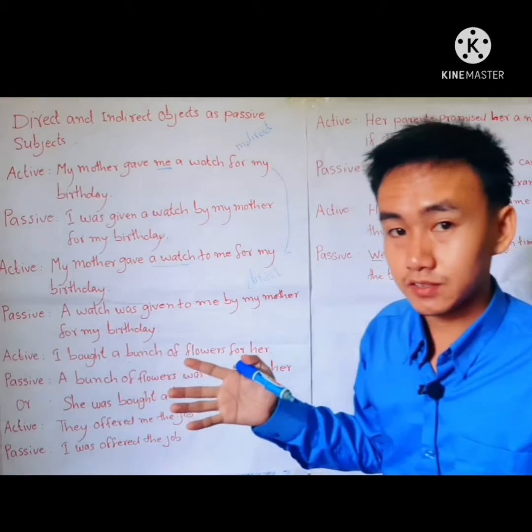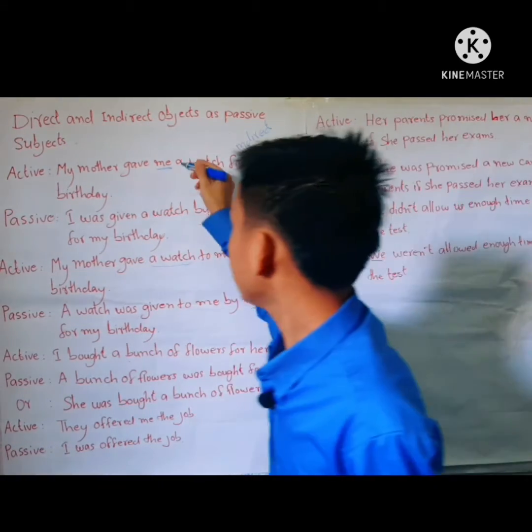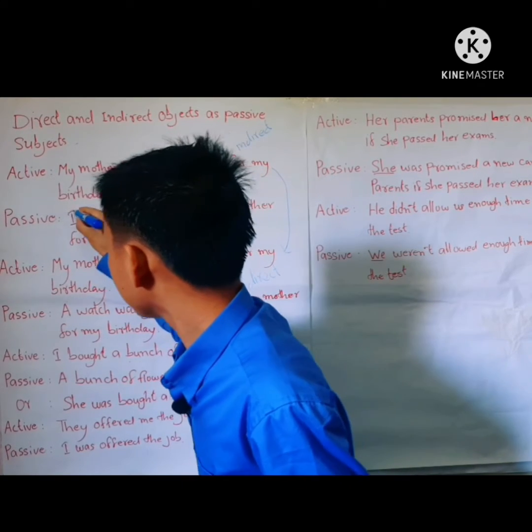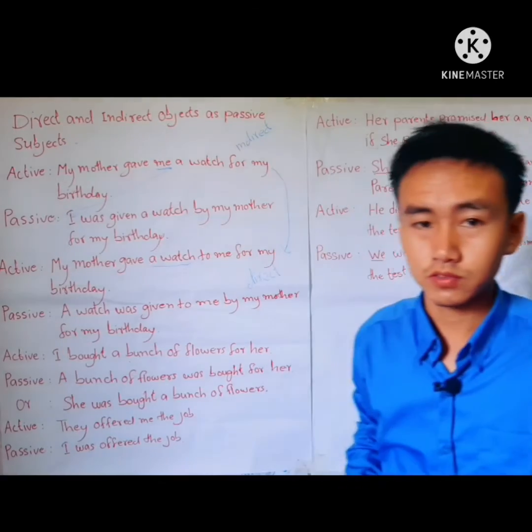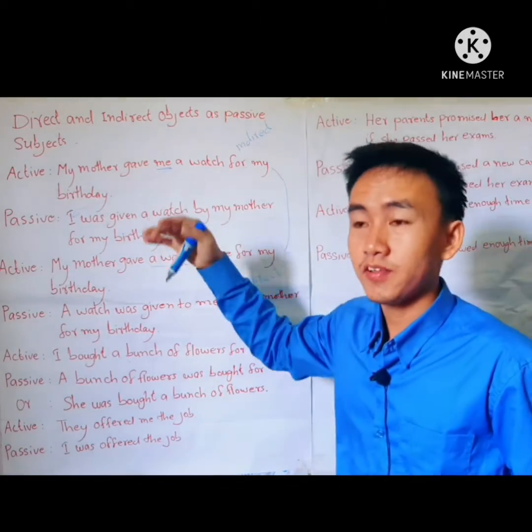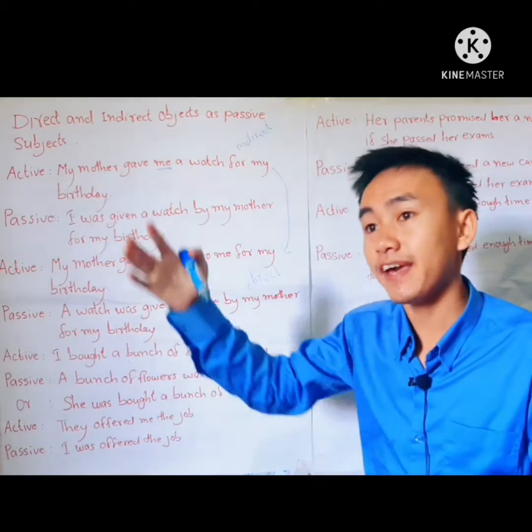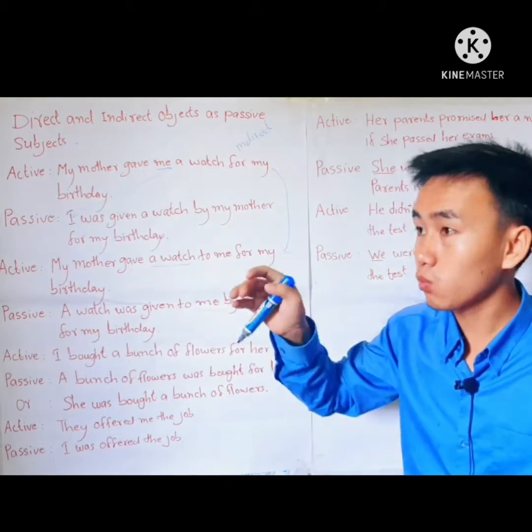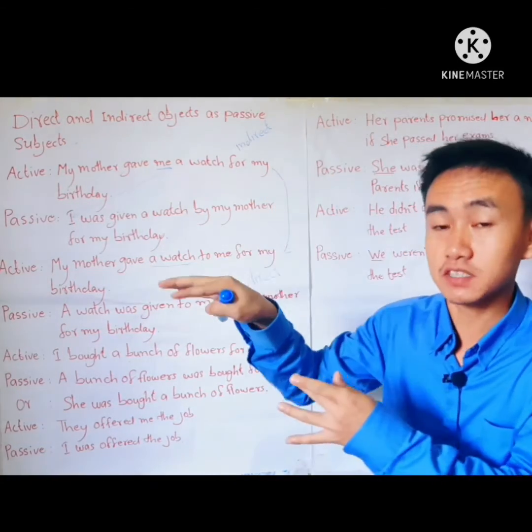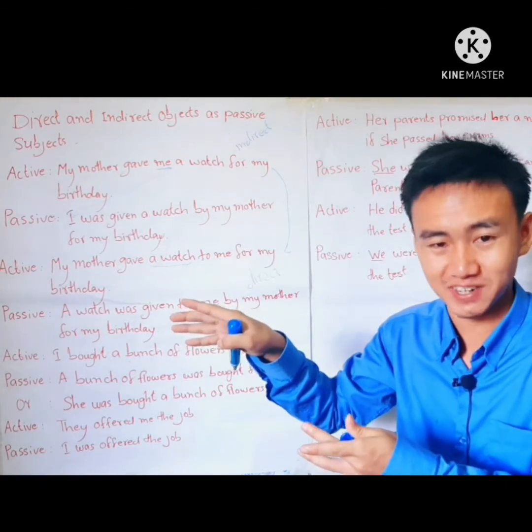Because when we change this one, we change the me here to be I, right? We change the object, right? Anytime that we change the active one to the passive, we keep the object of the active to be changed as the subject of the passive, right?